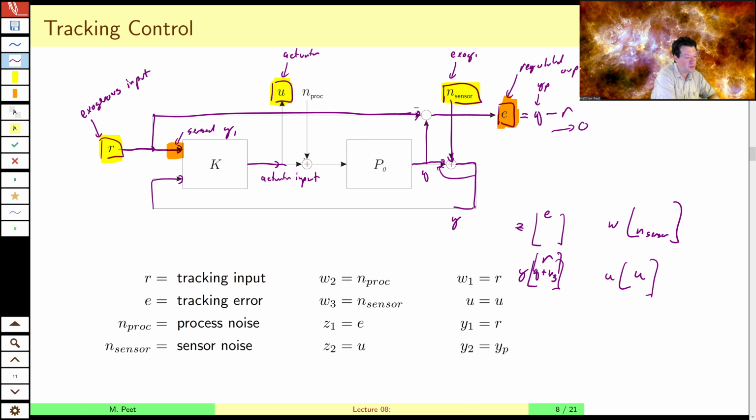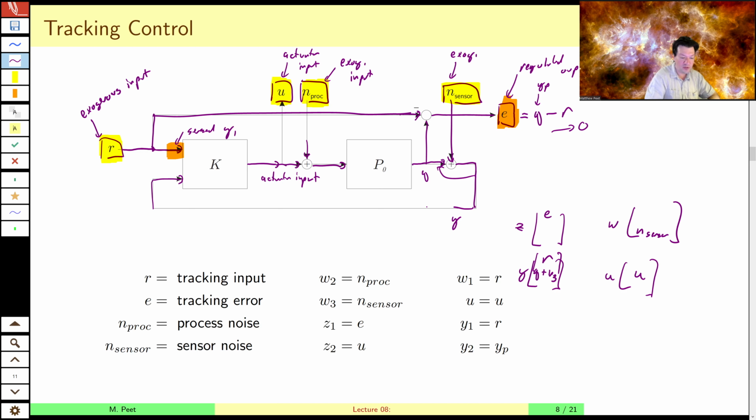As in the regulator framework, we get sensor noise, we get actuator noise, we get actuator saturation, we get process noise, all coming in through this exogenous disturbance here. Oh, sorry, wrong color. There, that's also an exogenous input. And those get added together and shuffled off to the plant, which then closes the loop.